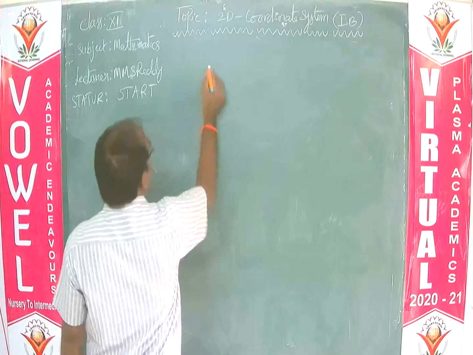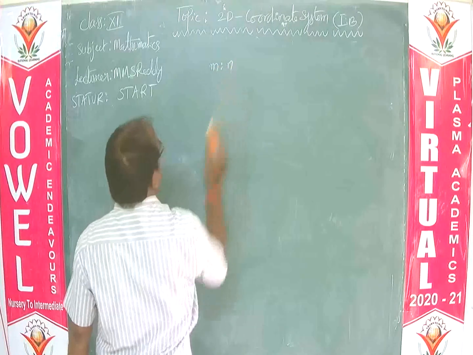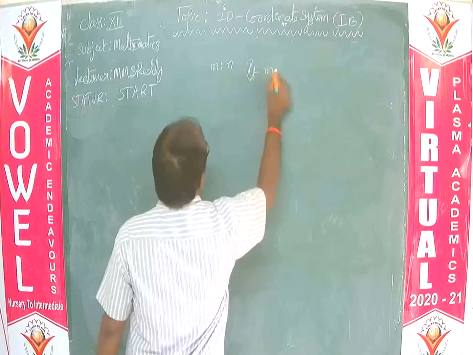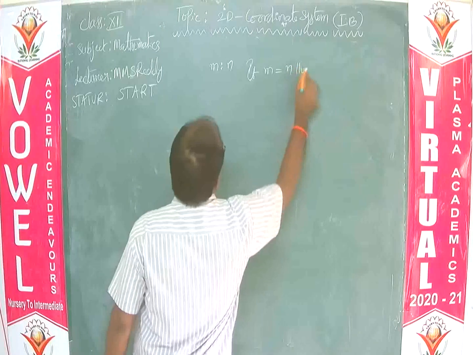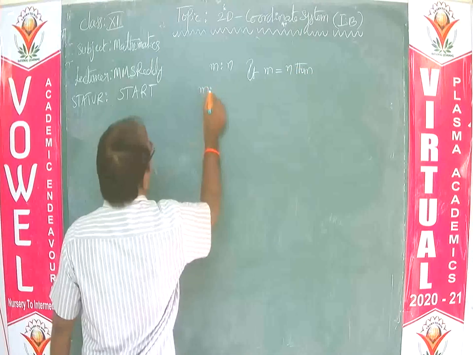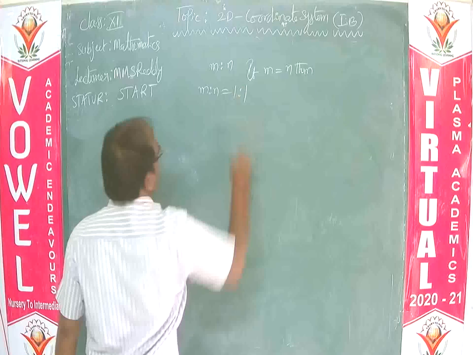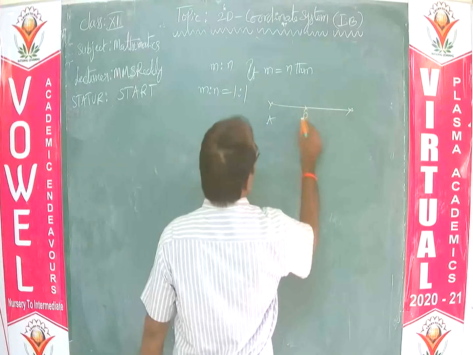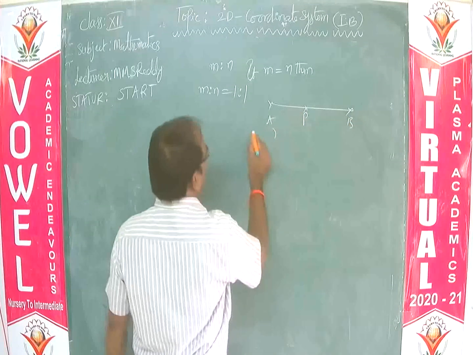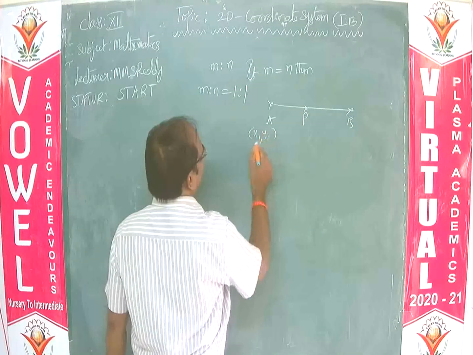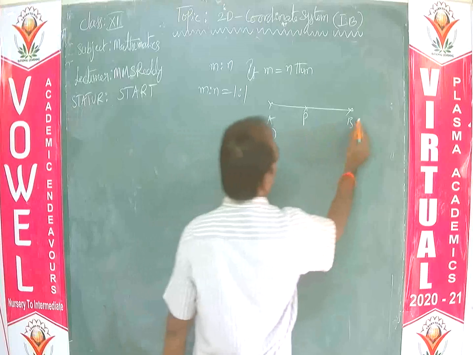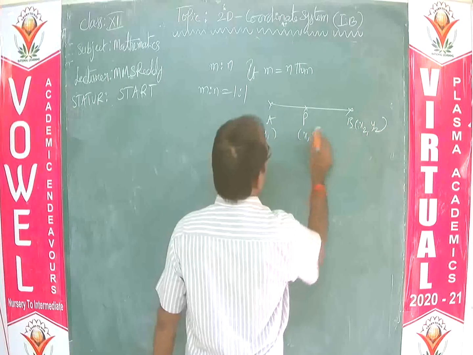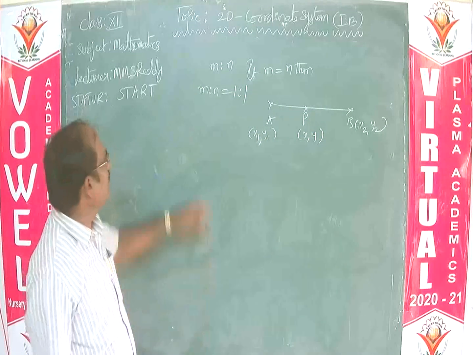Next, in the ratio m is to n, if m equal to n, then m is to n equal to 1 is to 1. Then the point P is said to be the midpoint of the line joining (x1, y1) and (x2, y2). Is the point clear?